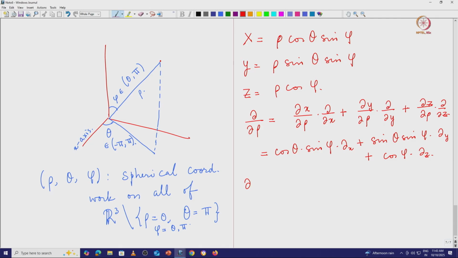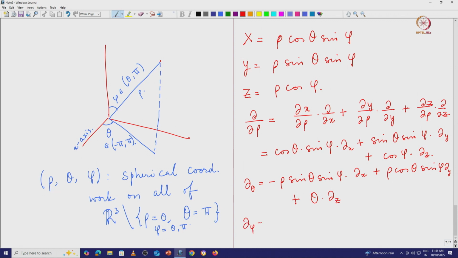Similarly, one can calculate what del by del theta is. So you differentiate each of the components with respect to theta. So you get minus rho sin theta sin phi in the del x direction plus rho cos theta sin phi in the y direction plus 0 in the z direction, because this does not have any theta, right?